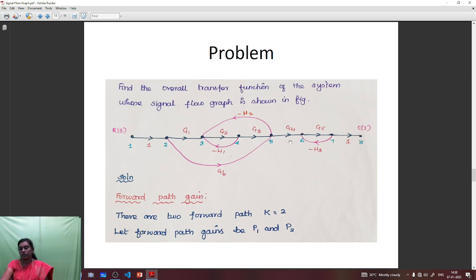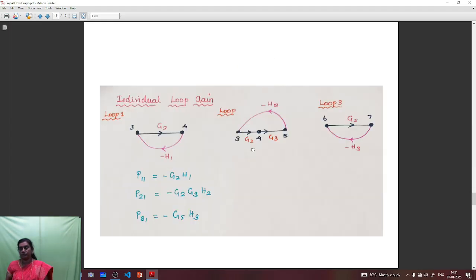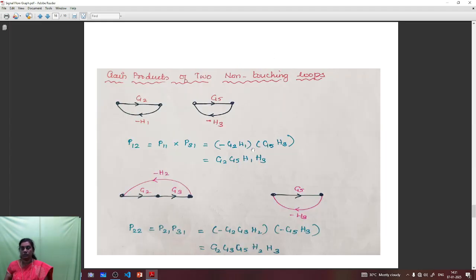So these two can be considered as two non-touching loops. Similarly, you can take this loop and this loop. So this also can be considered as two non-touching loops. So here we have found the gain of two non-touching loops.